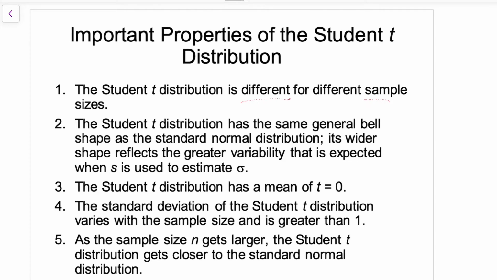It has a general bell shape, but it is wider and flatter to reflect the difference when we use different values of s and different values for our sample size. Just like the standard normal distribution, our t distribution has a mean of 0. And as the sample size n gets larger, the student t distribution will approximate the standard normal distribution.